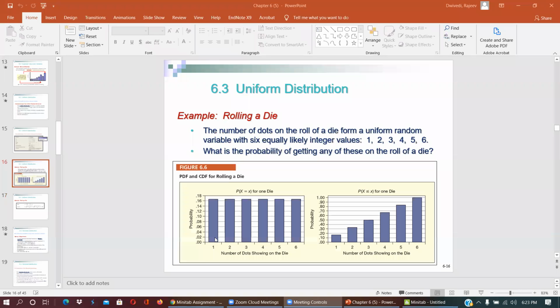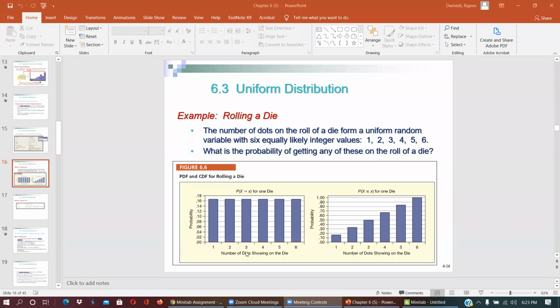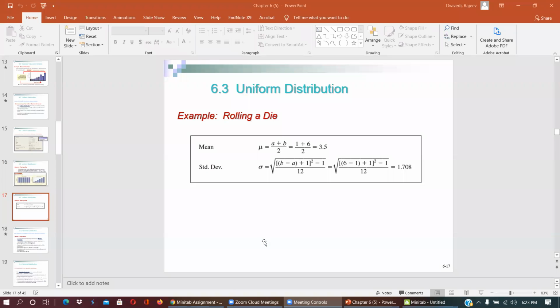So the first event is 1, the last event is 6th. 1 plus 6 divided by 2, which is 3.5. So the mean would be between 3 and 4. For the standard deviation, if we calculate all these numbers, putting B minus A, 6 minus 1 plus 1, and doing all, we can get the standard deviation.